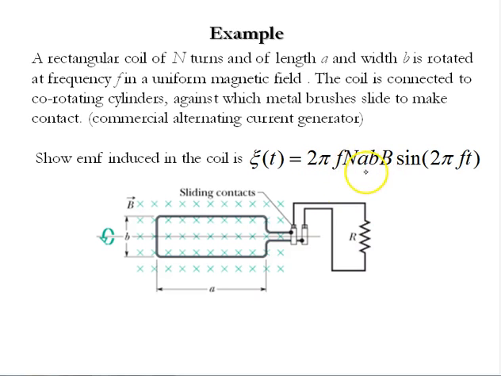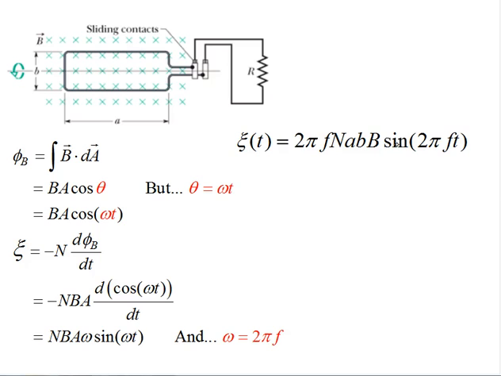And we want to show that our induced EMF is a function of sine of 2 pi f t, where f is the frequency at which it's rotating, and it has an amplitude of 2 pi f times the number of turns, the area of the coil, and the magnetic field. So we can show that, again, our flux, that's our integral of B dot dA, or BA cosine theta, but theta here is omega t, because theta is changing with time.